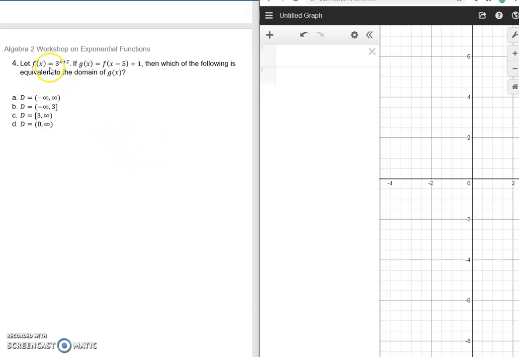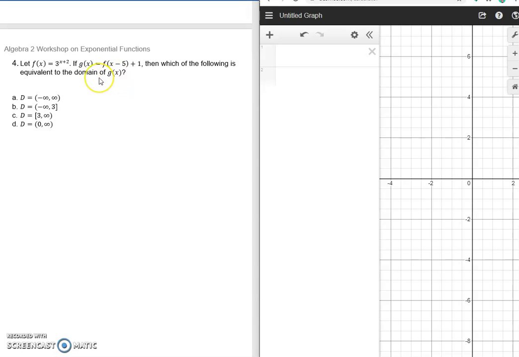Let f of x be equal to 3 to the power of x plus 2. If g of x is the function being shifted 5 units to the right and translated 1 unit up, what is the equivalent domain?